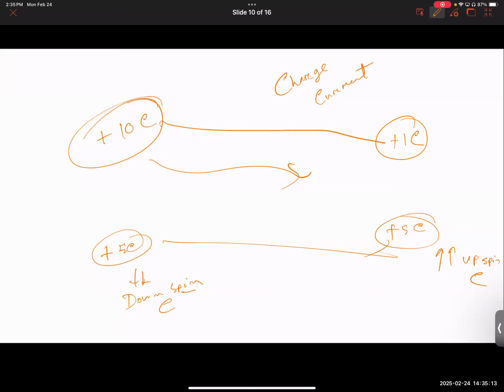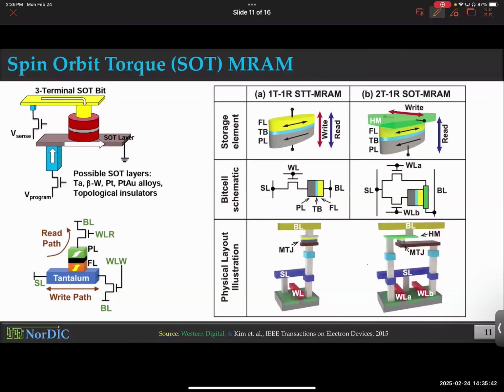Now, there shouldn't be any charge current because charge is equal, but there will be a flow of electrons still because there is a difference in spin. Am I making sense? So if there is a spin dependent flow of current, that's called spin current, and otherwise it's charge current. It's a very unique phenomena, and not even 20 years ago, people didn't even know that it worked or it existed. Okay, so new phenomena are discovered every once in a while, and people try to make use of them.